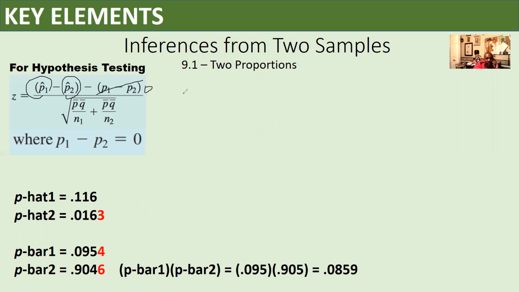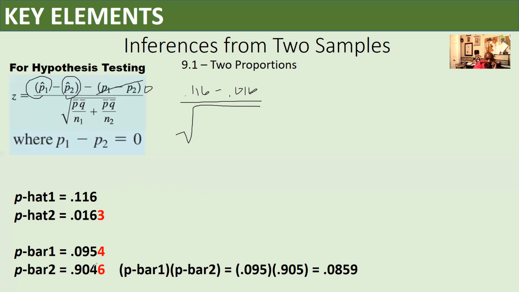is needed. So we can rewrite this equation, the numerator, as 0.11 minus 0.016. Now, we already calculated our P bar and Q bar, which is right here from the last page, 0.095 and 0.904.